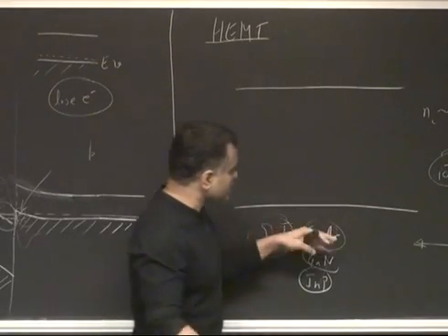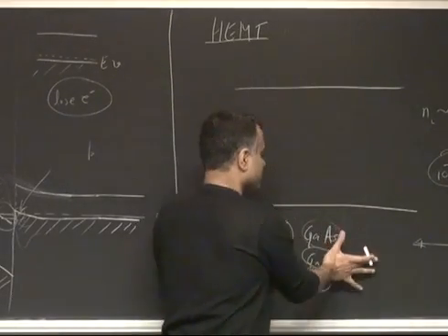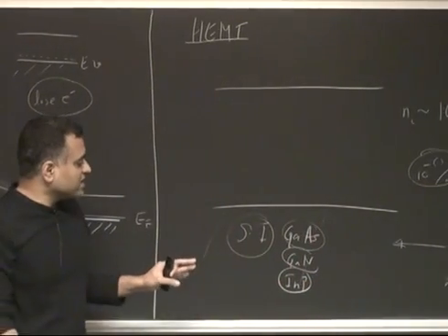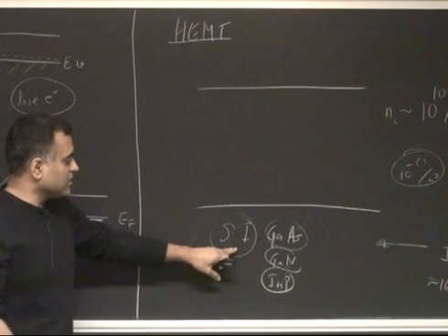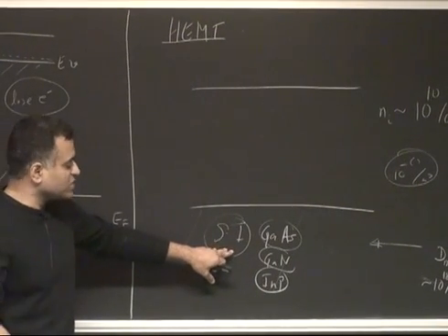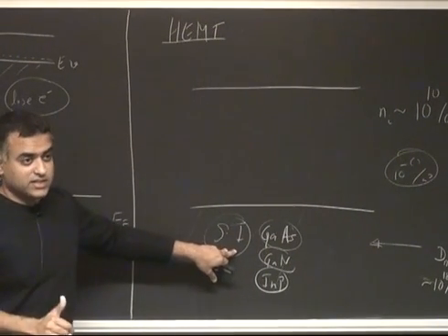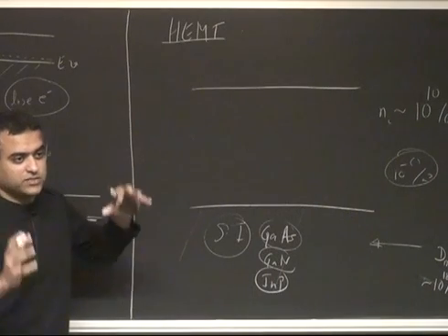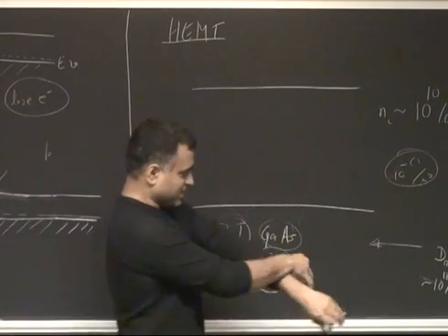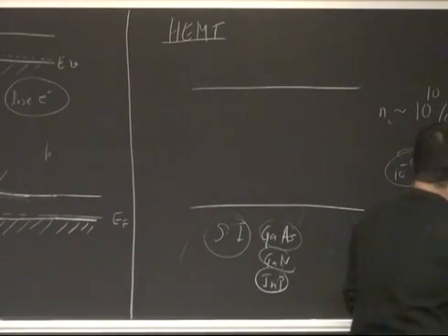And how insulating is this region? It's about 10^8 or more, maybe close to 1 billion times more insulating than the best insulating silicon today. So that's how much we're talking about. Very, very different in that sense. So that's semi-insulating, and that's how you do it.